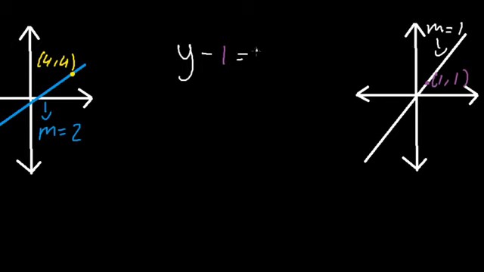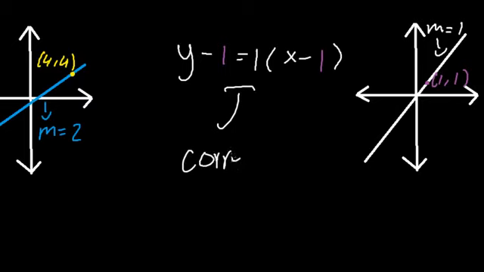So it'd be 1 times x, again, minus 1. And then this would be in point-slope form. There's nothing to simplify. Usually, you can leave it like this, 1 times x minus 1. And you don't have to distribute the 1 into these two numbers. So this would be in point-slope form. It's correct.